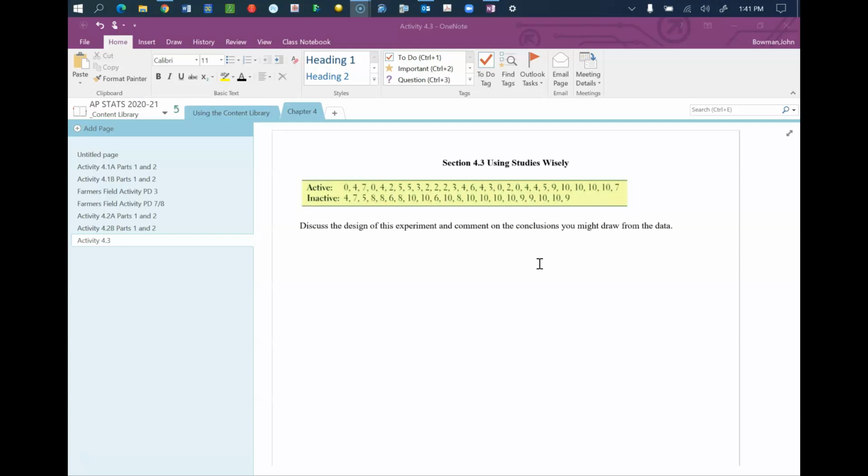What we're saying is, if these results are statistically significant, that outcome is so unlikely to happen by chance assignment, so to speak, that it's more likely due to the application of the magnets.